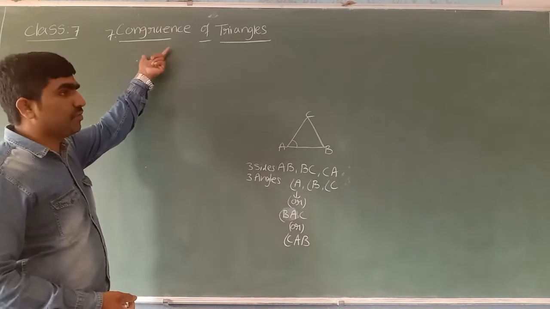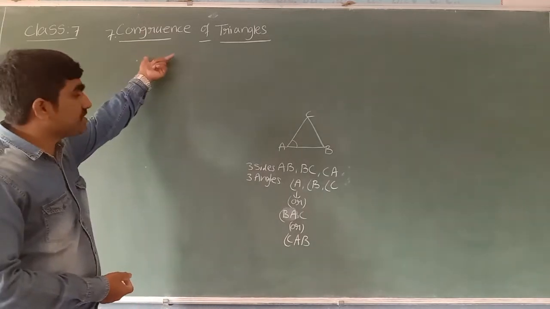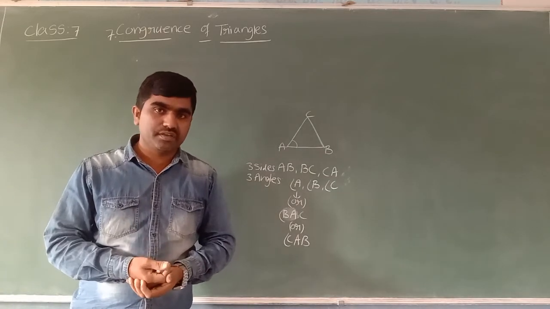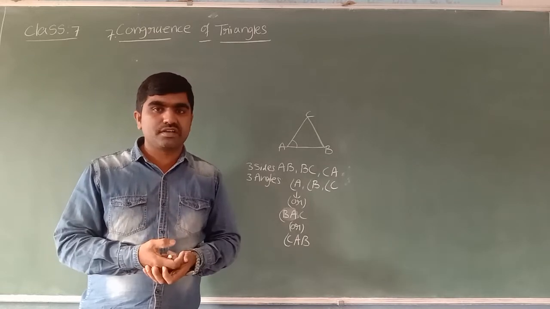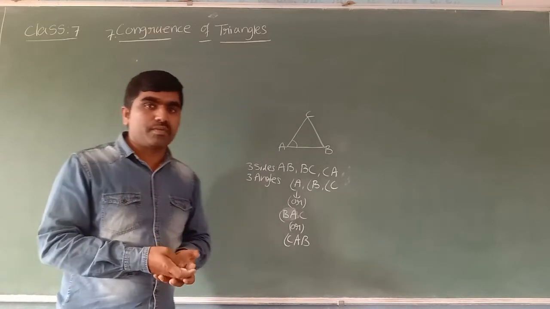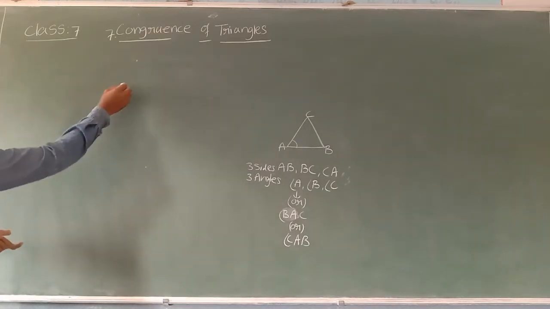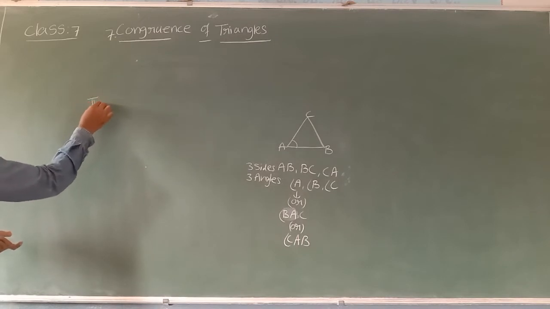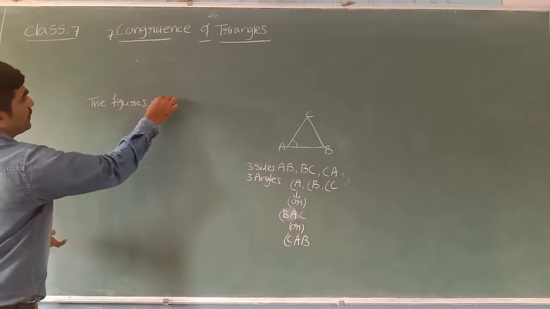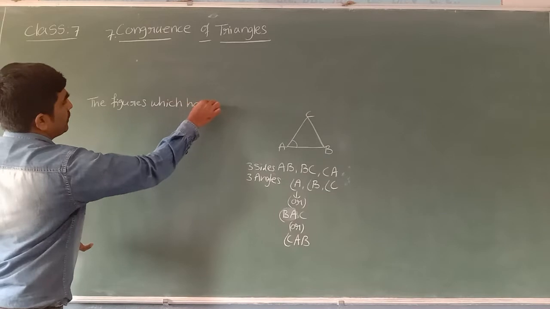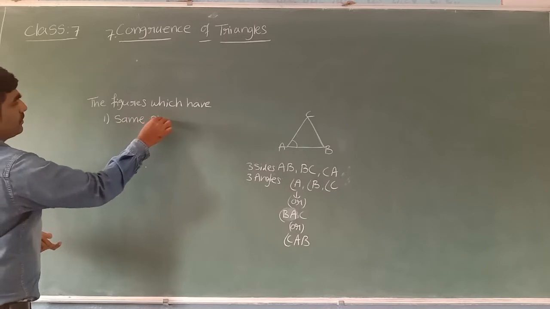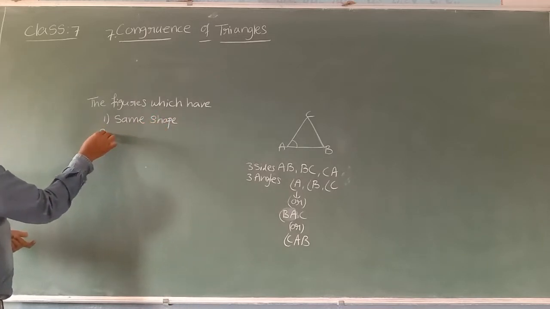Let's see what is meant by the word congruency. Here the word congruency is nothing but equal. When can we say two objects are congruent? Two or more objects are equal when the figures have the same shape and the same size.